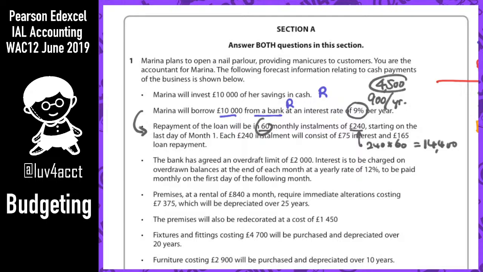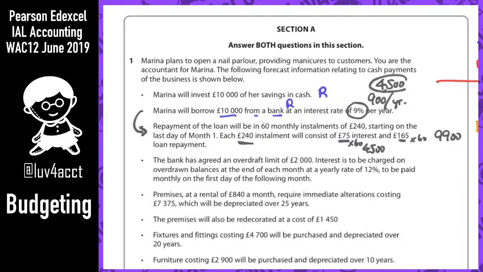But I don't have to pay attention to this because you are told that each 240 installment consists of 75 interest and 165 loan repayment. 165 multiplied by 60 is 9,900, and 75 by 60 is 4,500.